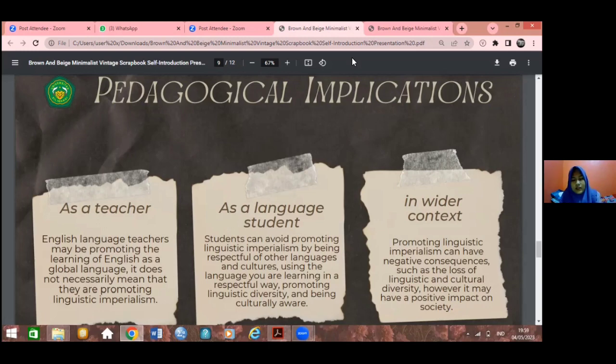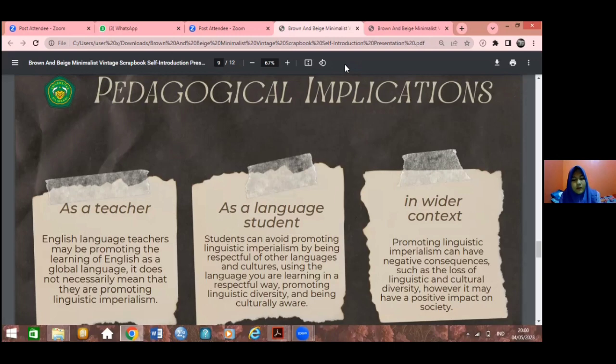In the wider context, promoting linguistic imperialism can have negative consequences for society, such as the loss of linguistic and cultural diversity. However, there are some ways in which promoting linguistic diversity can also have a positive impact by preserving cultural heritage and promoting inclusivity, fostering cross-cultural communication, and creating new opportunities.